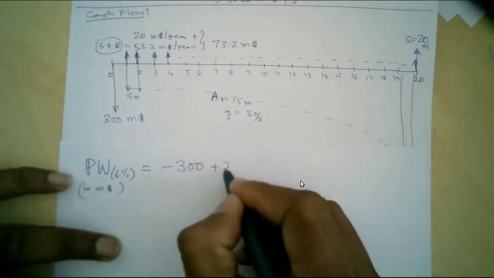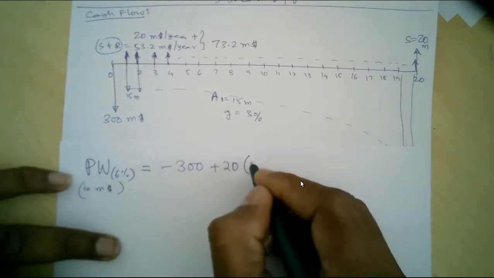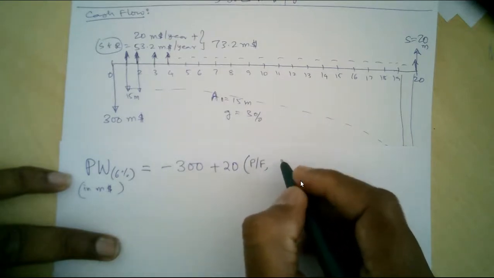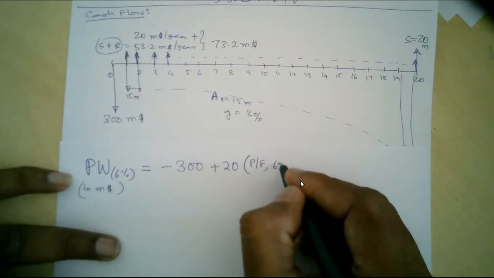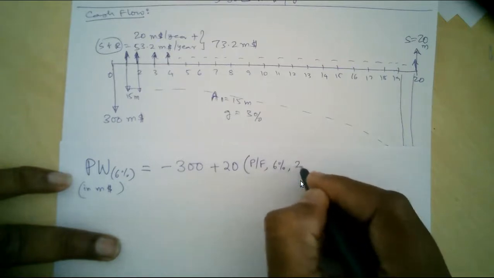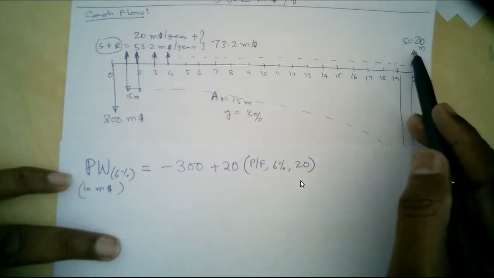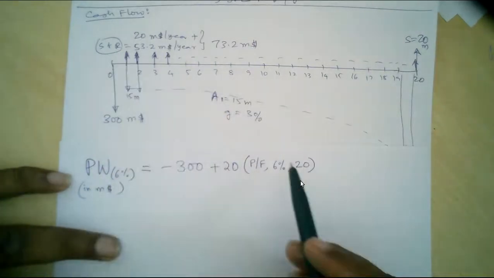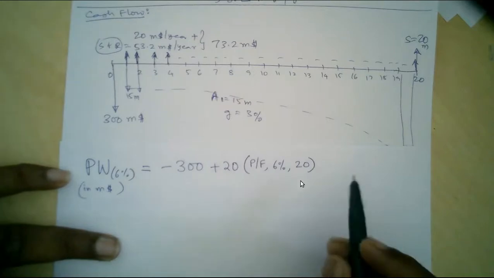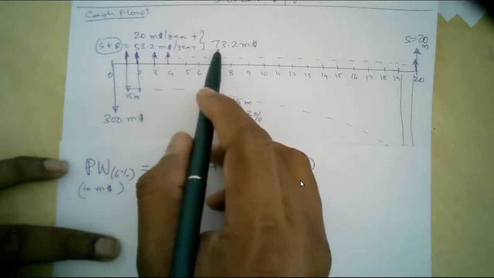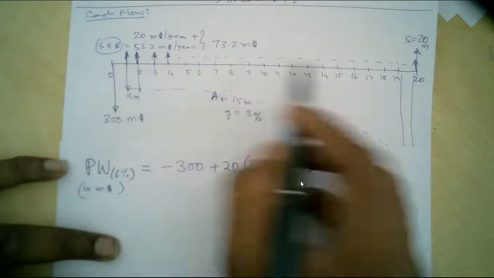So plus 20, and here I want P given F, future value, and the interest rate is 6%, and number of years is 20. Okay, so this quantity 20 million is now transferred to the present worth. So this term we will take care of that. Next, I have equal payments of 73.2 million for 1 to 20 years.